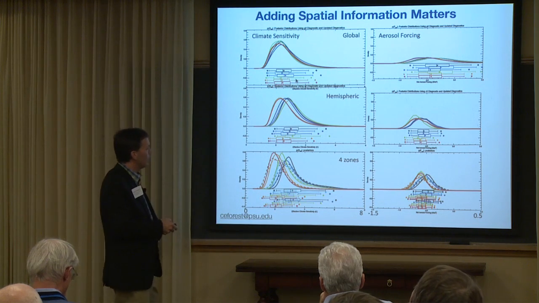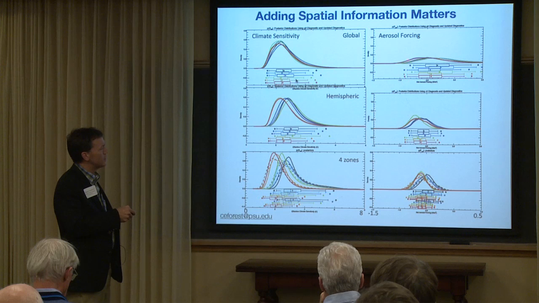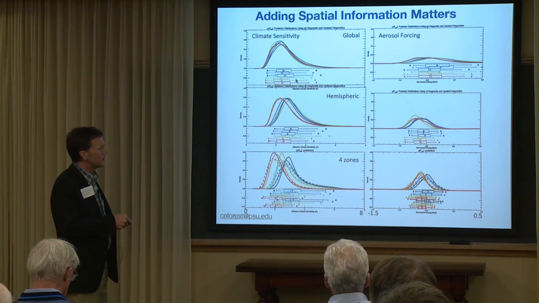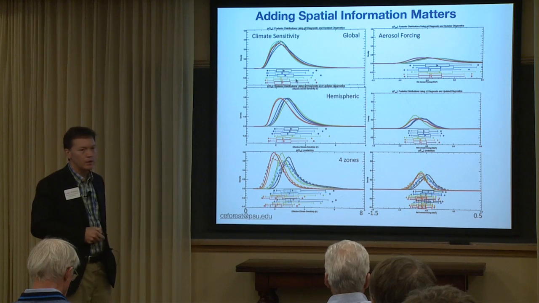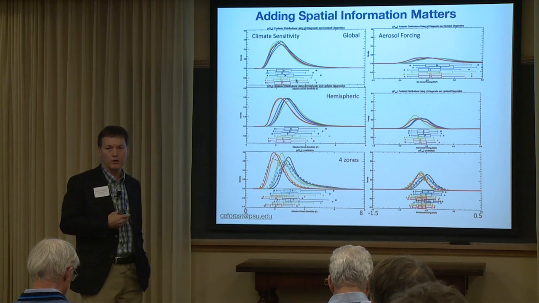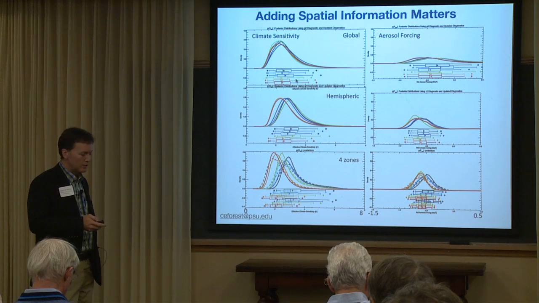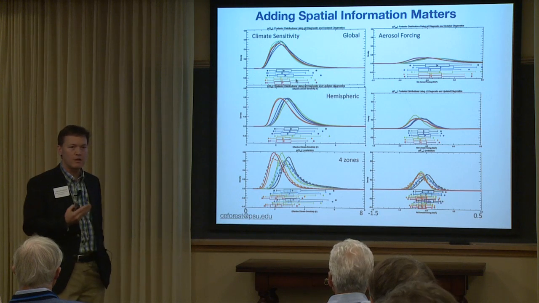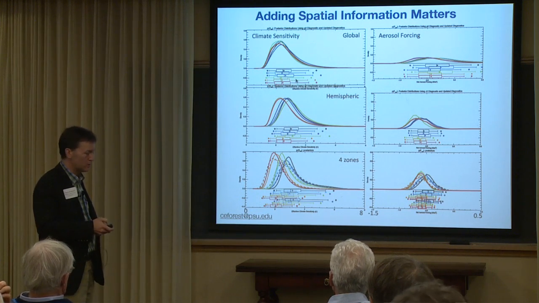And the aerosol forcing estimate from these inverse methods is giving us a very wide range of the aerosol forcing for the global case. It starts to tighten up until we get down to the case where we include the hemispheric or spatially resolved information as a function of latitude. So this is starting to tell us that there is data there that we can use to estimate climate sensitivity and the aerosol forcing and so on and so forth.